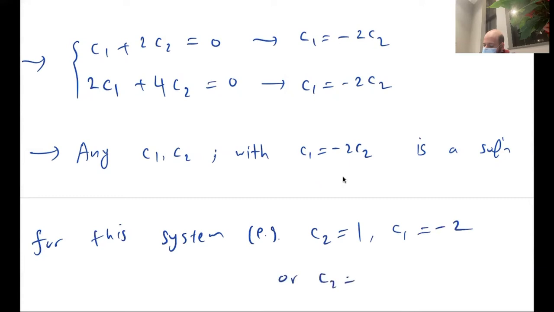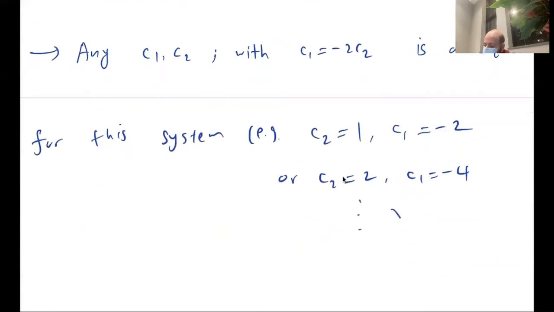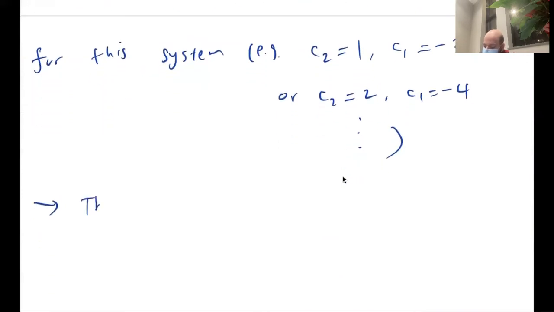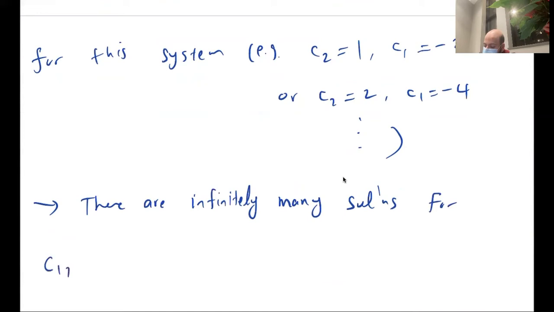Or if you set C2 to be 2, C1 would be minus 4, and so on. So there are infinitely many solutions for C1, C2. That means V1, V2 above are linearly dependent.